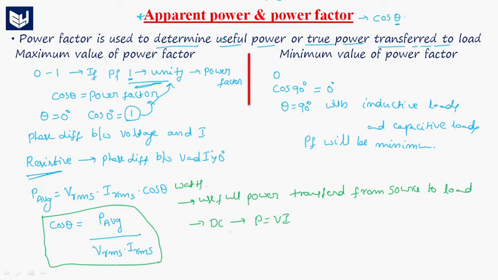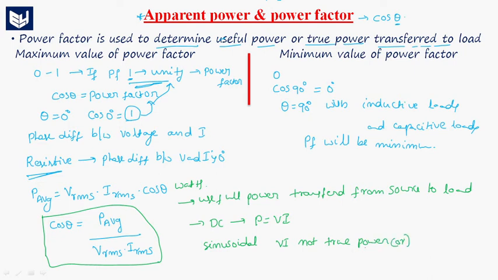In case of a sinusoidal supply, V into I is not a true power or average power.